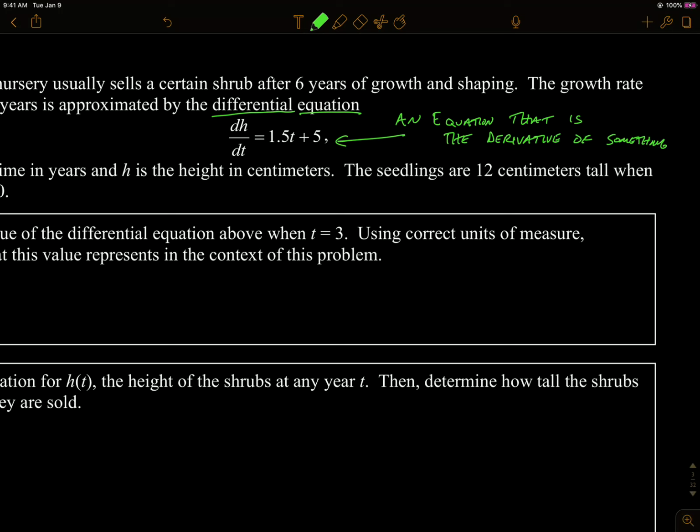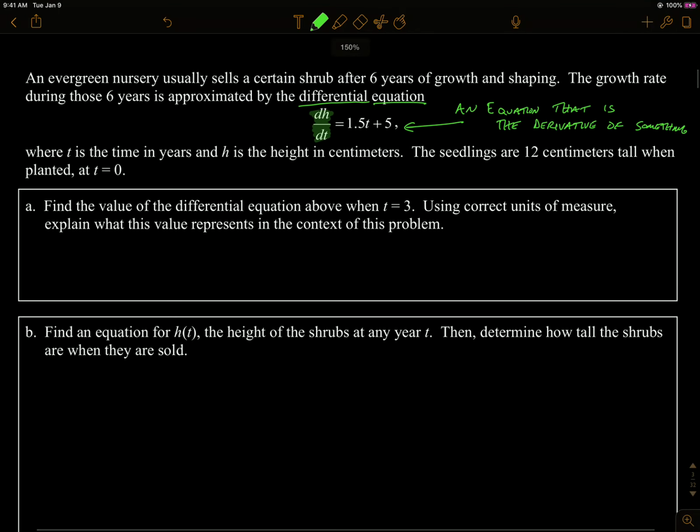So that's a differential equation. We can tell by the dh over dt that it's a rate, right? It's a rate of change of height with respect to time. All right, so that's sort of like they're giving us the derivative of height. So there is some height function. They've taken the derivative, and now they have the rate of change of the height.